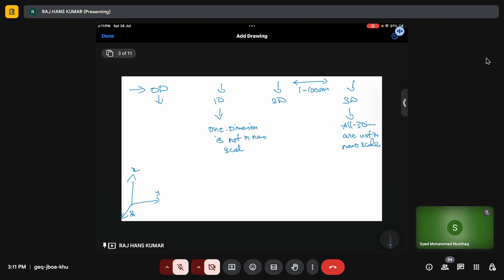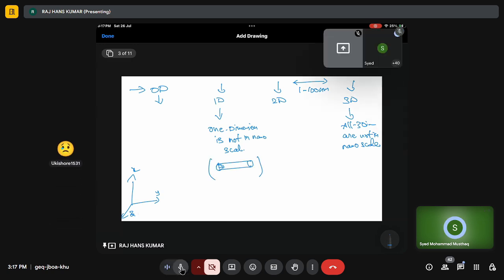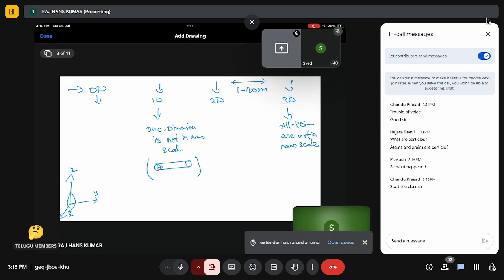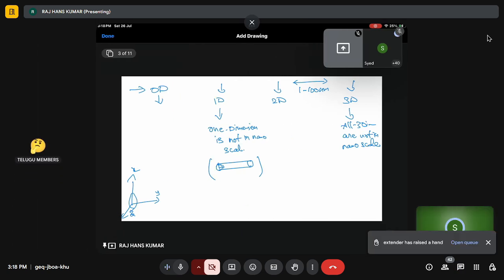Yeah, sorry, it's not clear actually. So in these one-dimensional nanomaterials, if I take my x and y, it will be my circumference, and my z-axis is my length.